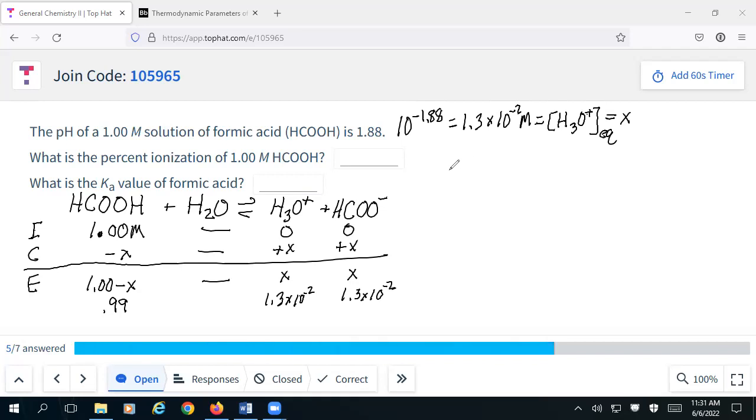So for the percent ionization, the first question here, we would want the concentration of hydronium at equilibrium, 1.3 times 10 to the negative second, over the initial concentration, 1, times 100%. So that would be 1.3 times 10 to the negative second times 100, which would be 1.3%.